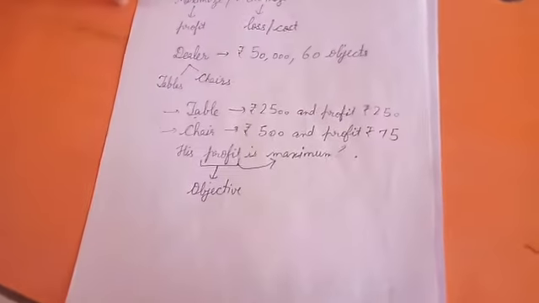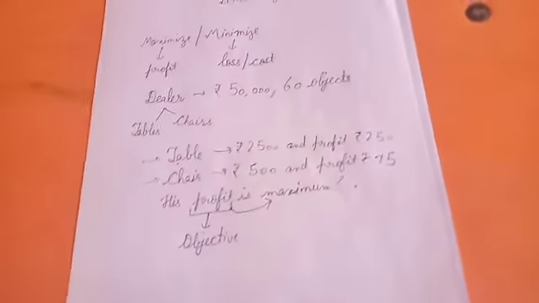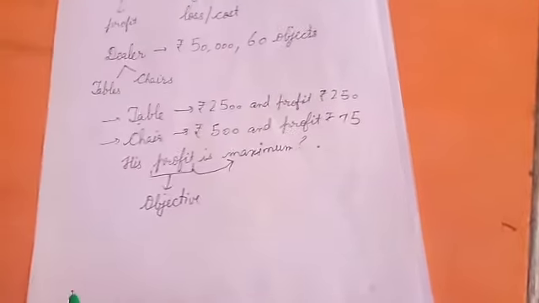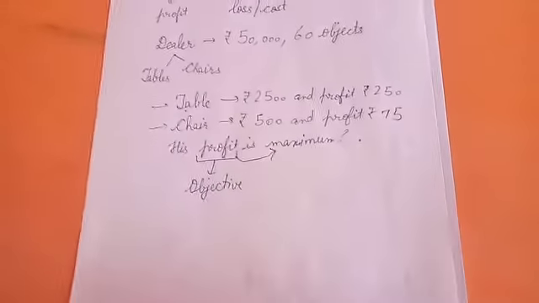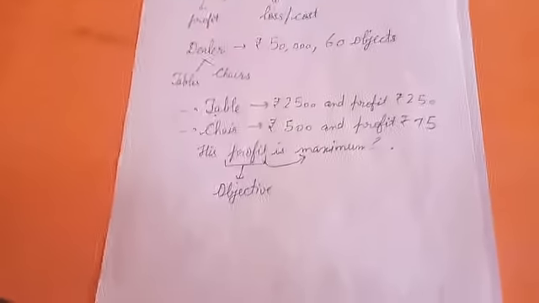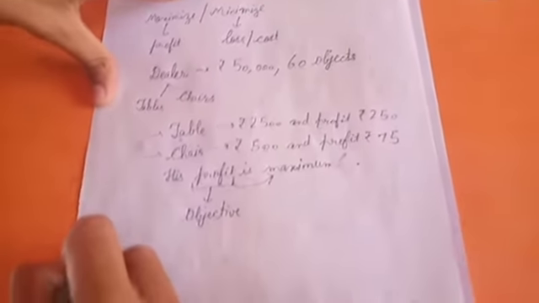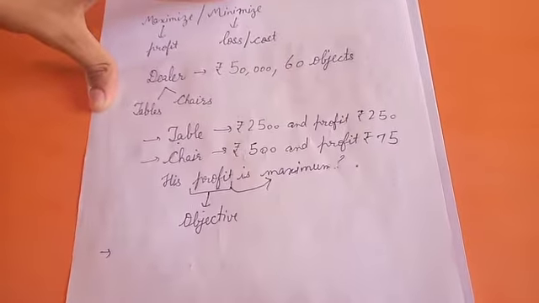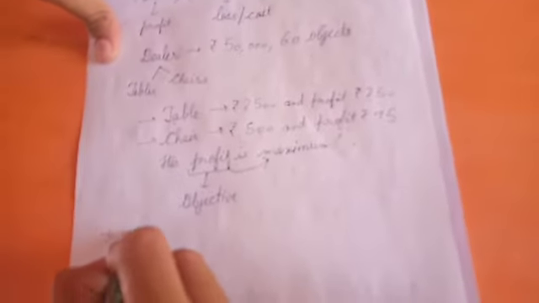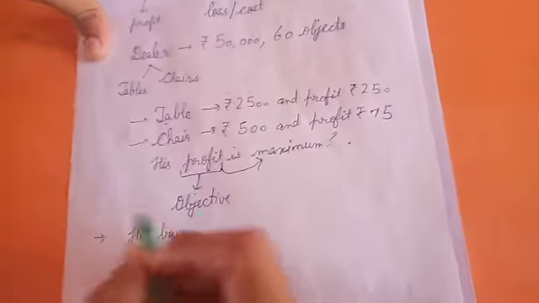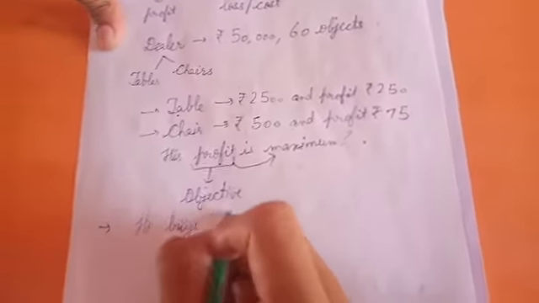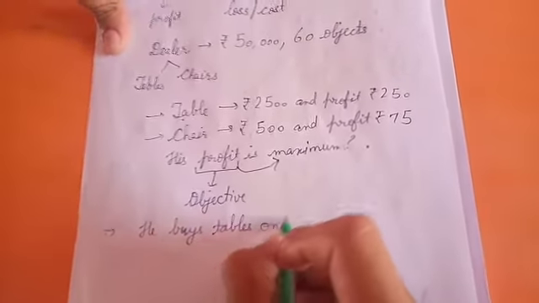now let us try to solve this by our own way. Okay, means without using linear programming. Generally we are going to solve by using hit and trial method. Okay, so first thing, we can assume he buys tables only.